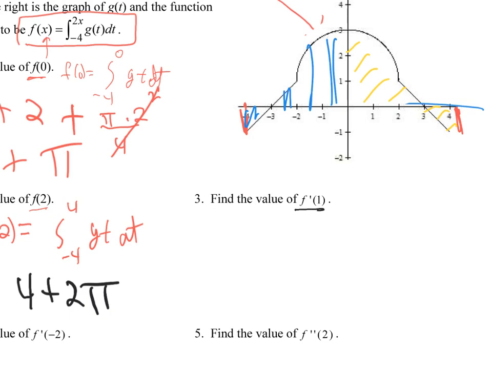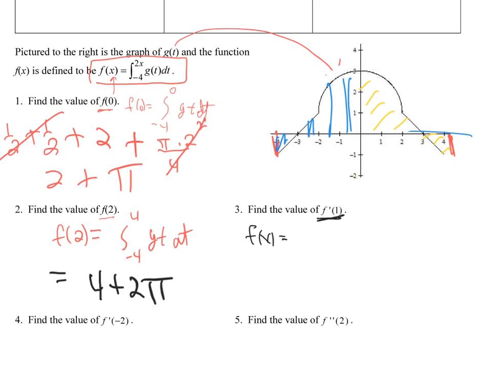Find f prime of 1. Remember what f is. F of x is the integral from negative 4 to 2x of g of t dt.